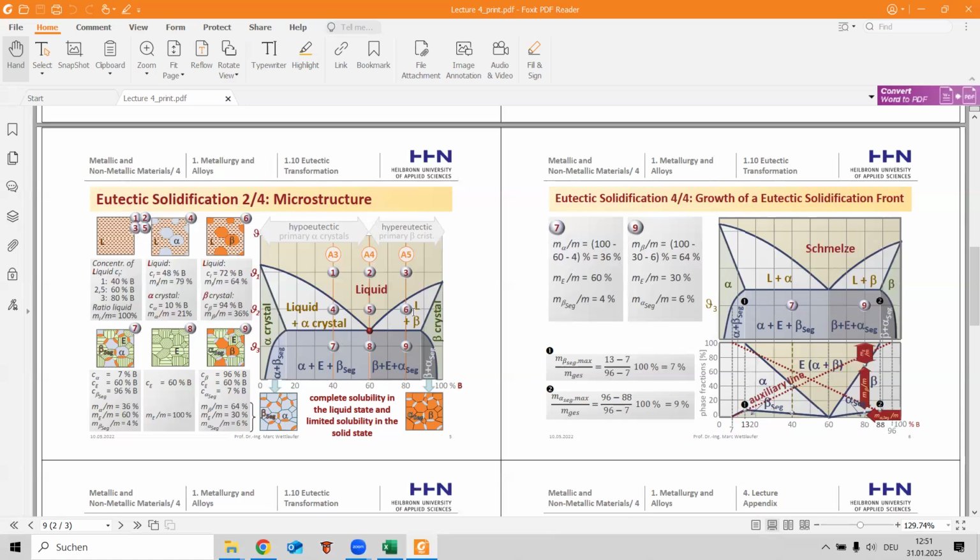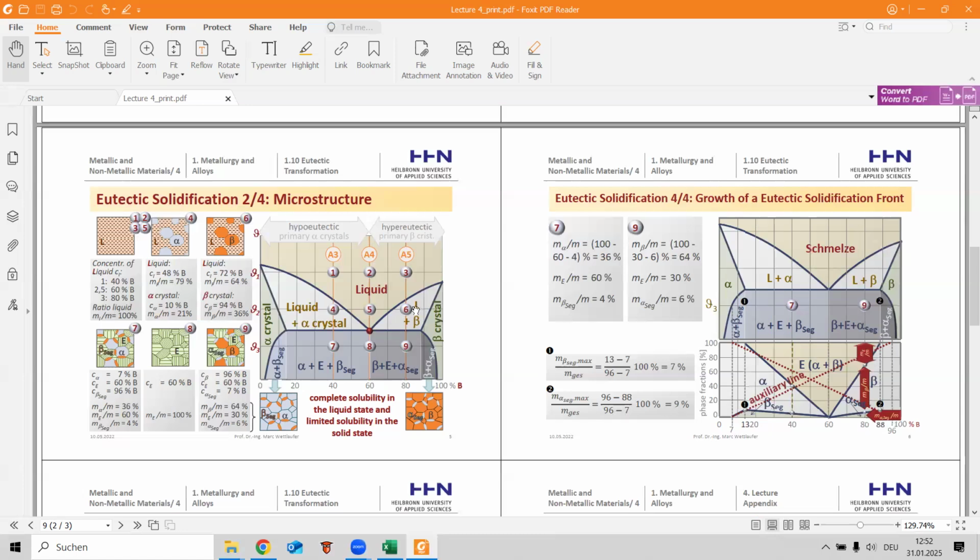So let's say liquid is 72% B component here. And M liquid divided by M total is 60%.